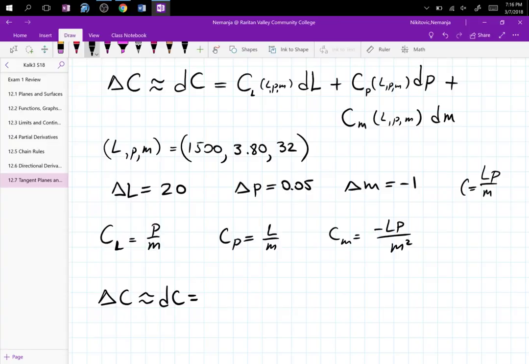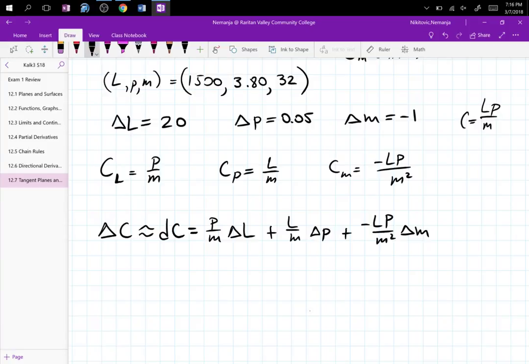So that's going to be C_L, the derivative computed at P, M. So I'm just going to write this: P over M times delta L plus L over M times delta P plus negative LP over M squared times, oh, this is supposed to be change in P and change in M. So all I need to do now is to plug everything in.